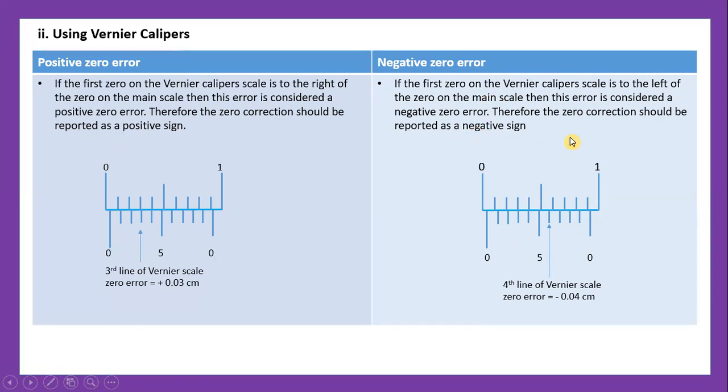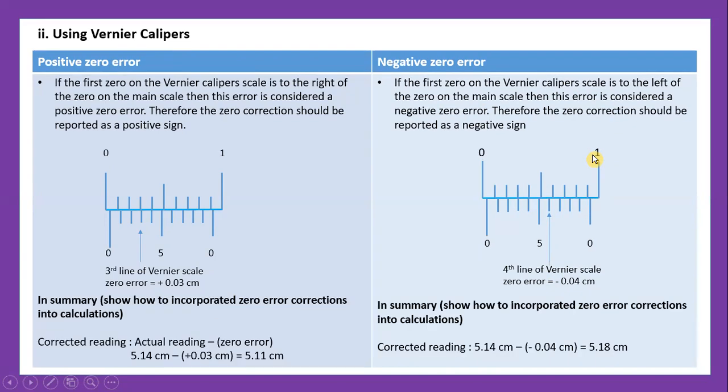Therefore, the zero correction should be reported with a negative sign. If you see the error here is 0.04 centimeter, then the sign should be negative, because the vernier caliper scale is to the left of the zero on the main scale.